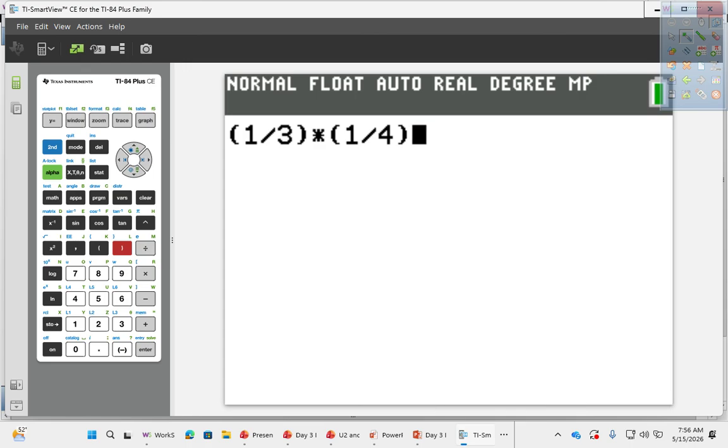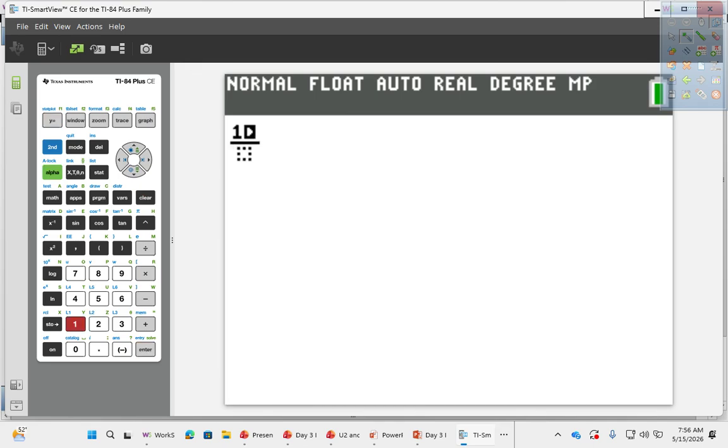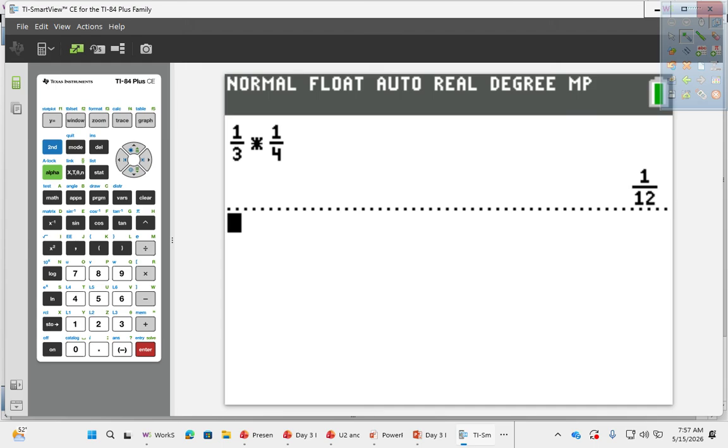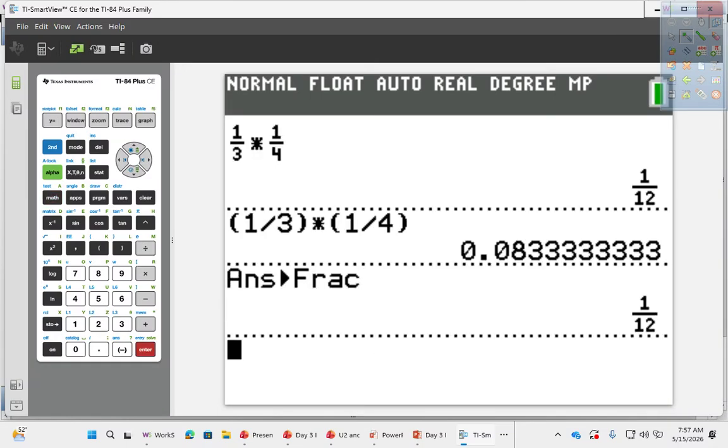So I'm either separating them like this, or I can do this alpha y equals, and I can get a fraction like this. You just have to do it again when you want the other fraction. So alpha y equals. Not all calculators will let you do that though. So you can just test yours out and see if it can. But 1/3 times 1/4 gives me 1/12. If you do it like this and you get a decimal, just make sure that you math, enter that decimal.